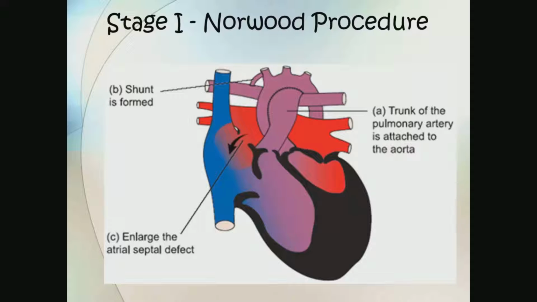And again, that atrial septal defect is enlarged so that blood coming back from the lungs has an easier flow into the right side of the heart. This is the Norwood. Done immediately after birth or as soon after birth as possible because I want to get blood flow to the systemic circulation in the process.